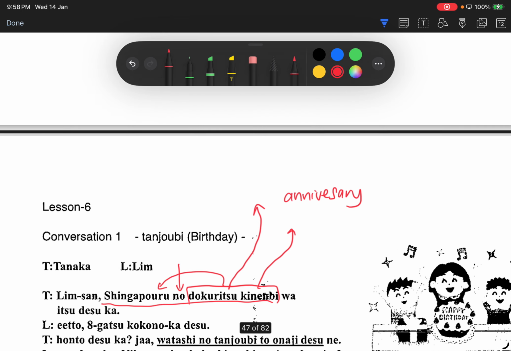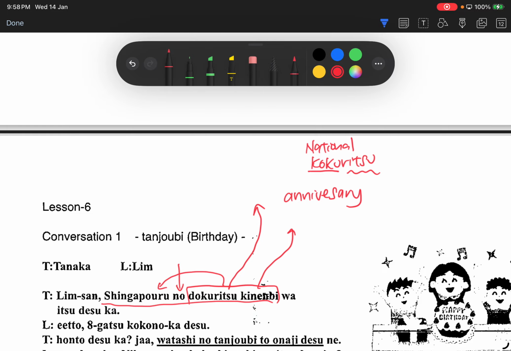National, for example, NUS, we say National University of Singapore, right? In the case of national, we call it 国立. 国立 means state established. But 独立 is not 国立, it's two different things.